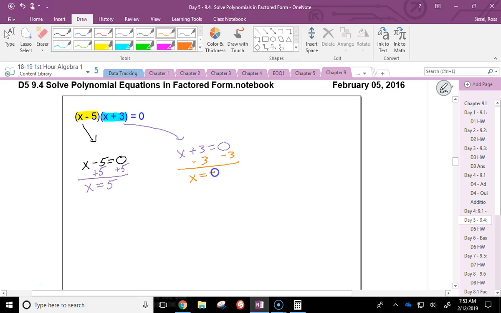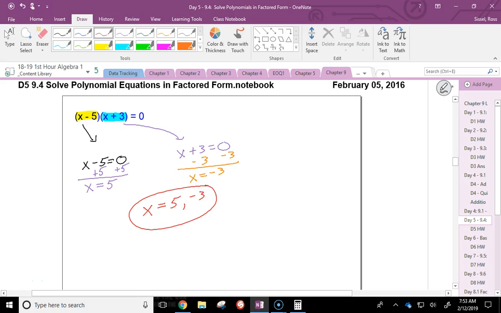X equals -3. And then that is what we would say our answer is. X equals 5 and -3. So if we would draw that quadratic again, our x-intercepts are located at +5 and at -3.